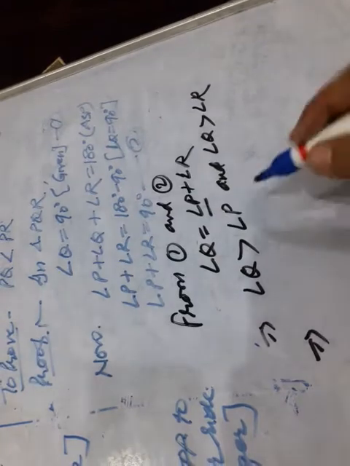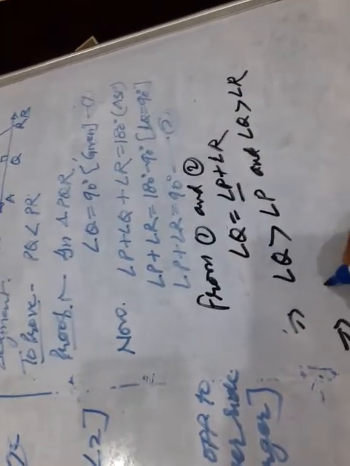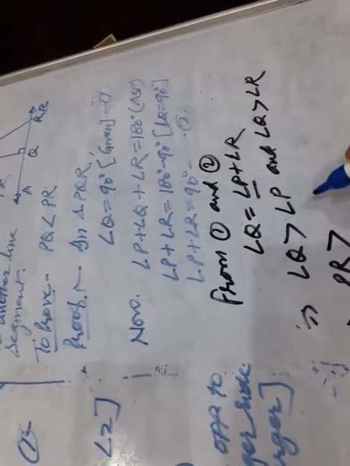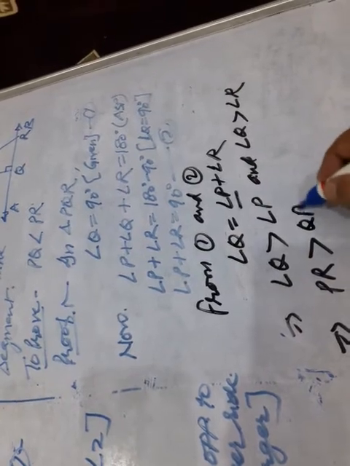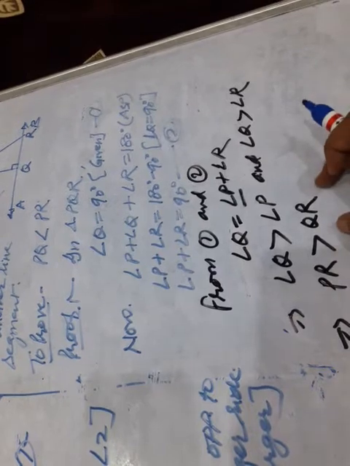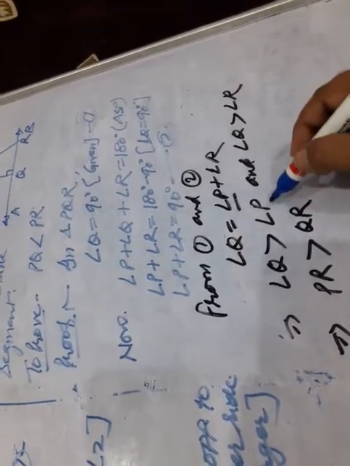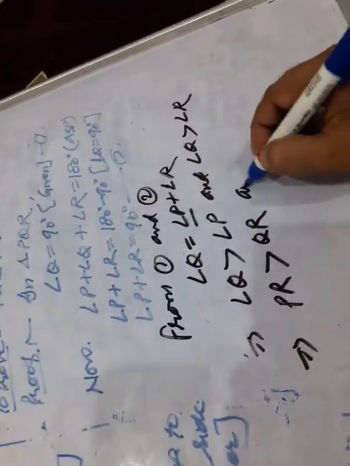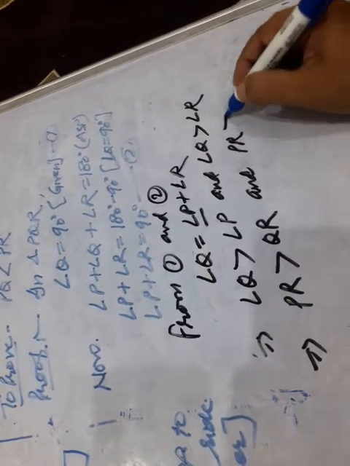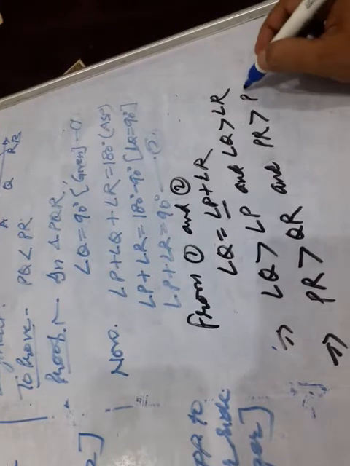This implies that angle Q's opposite side is PR, angle P's opposite side is QR, and angle R's opposite side is PQ.